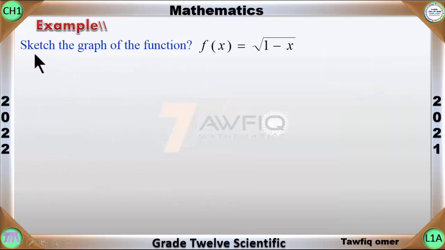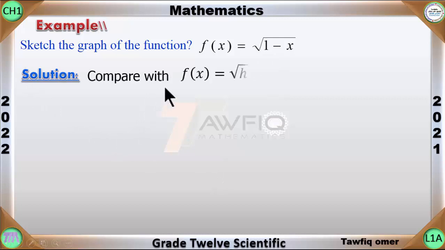Example, sketch the graph of the function f(x) equals square root of (1 minus x). Solution, compare with f(x) equals square root of (h minus x) plus k. Then h is 1 and k is 0.